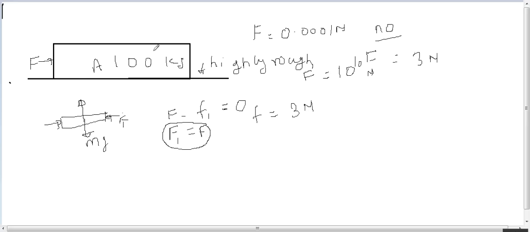Let's suppose the block starts moving, because it is 100 kg and the force is 10 to the power 10 Newton. So what is the friction force here? If it starts moving with some acceleration, then 10 to the power 10 minus F is equal to ma.